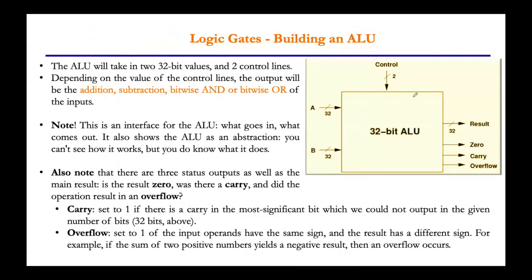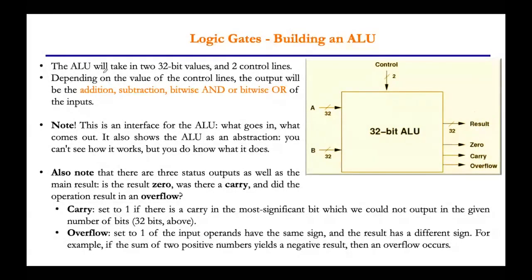So the ALU looks like this. It takes 32 bits of input. Every gate takes two inputs except the NOT gate, right? A and B. So 32 bits input and it produces a 32 bits result.